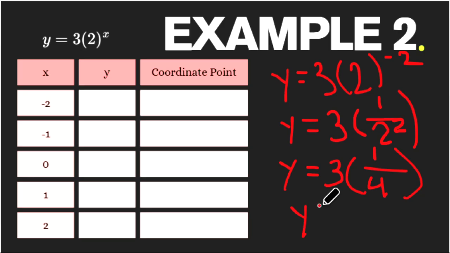And when we're doing fractions, you multiply straight across. This is really 3 over 1. We just don't write it like that all the time. So 3 times 1 is 3, and 1 times 4 is 4. So the y coordinate here is 3 over 4, which is going to give you the coordinate pair negative 2 and 3/4.